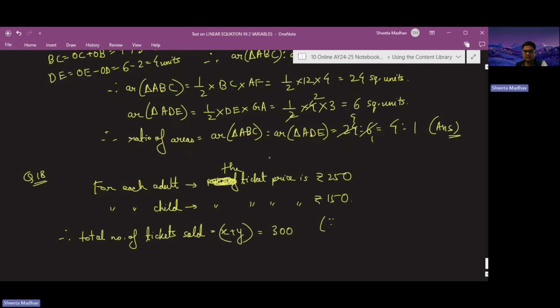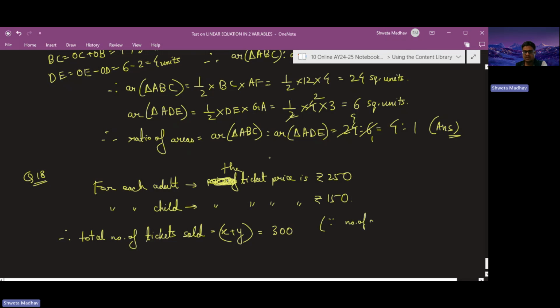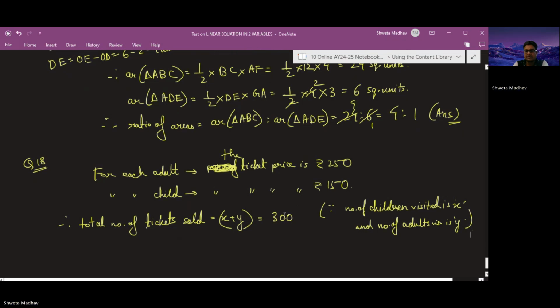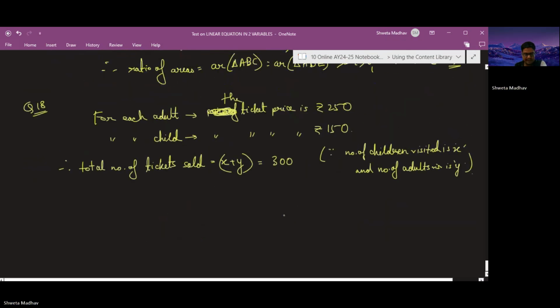Since the number of children that visited is X and the number of adults visited is Y, the number of children plus the number of adults that visited is 300. So X plus Y will be 300.